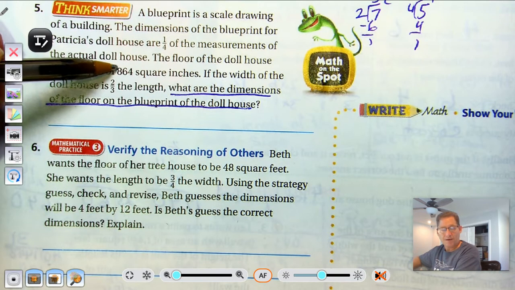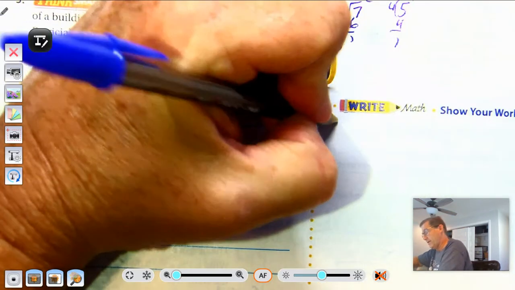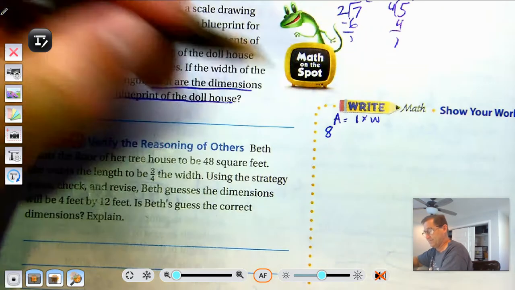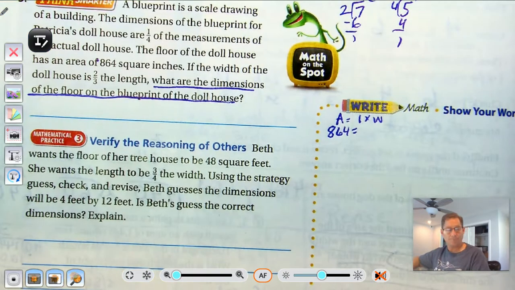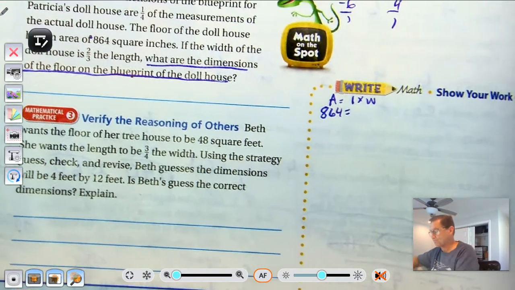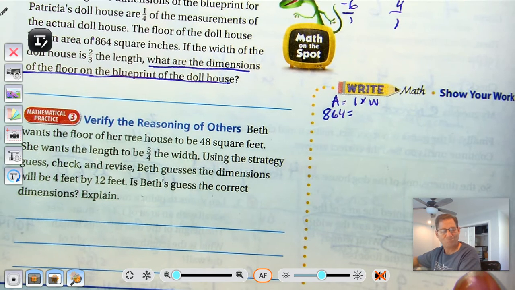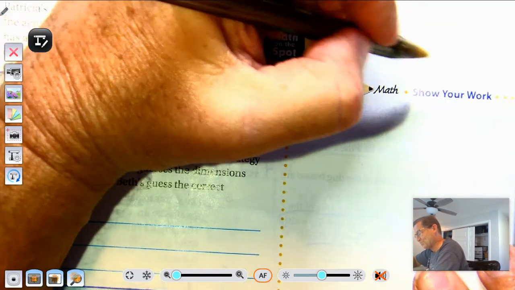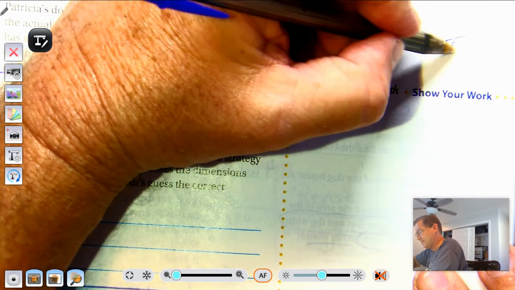Okay, so I know that something times something is 864. So area equals length times width. And we know that we have to come up with a product of 864. I think 40.